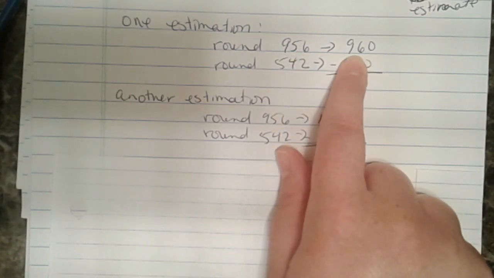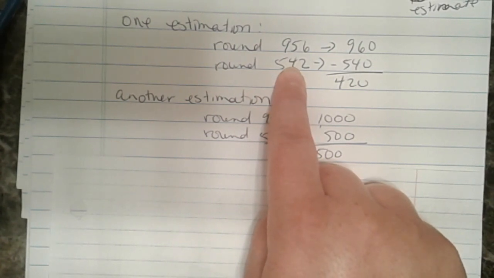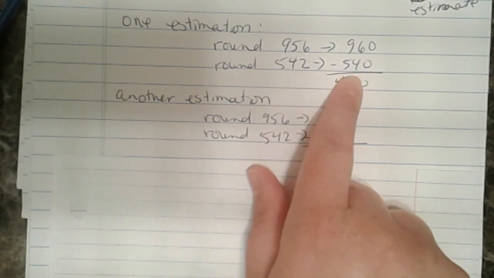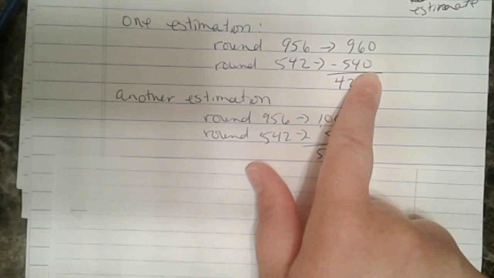So in this case, we round up, right? If the number to the right is less than 5, so 4 or less, then we just replace those numbers to the right of it with zeros. So in this case, this was a 2, so we just dropped it off and put a 0 there. That is how we do normal rounding.